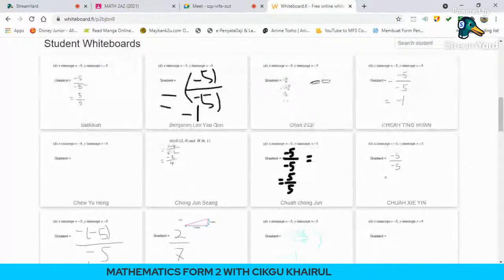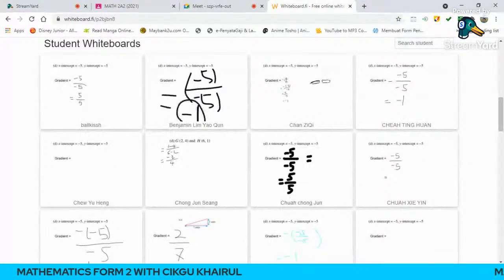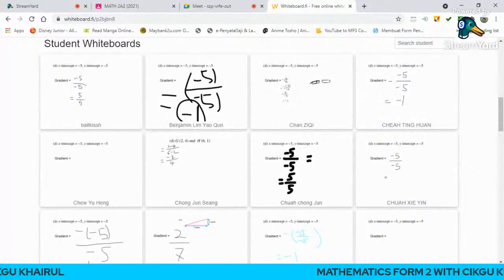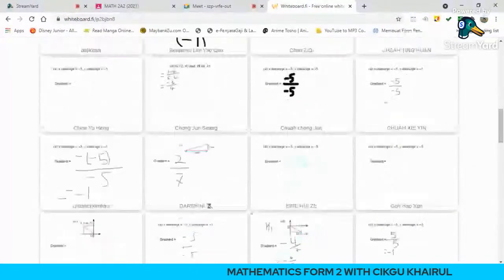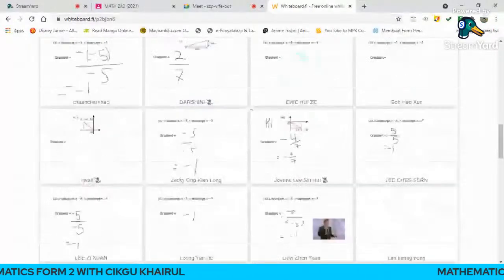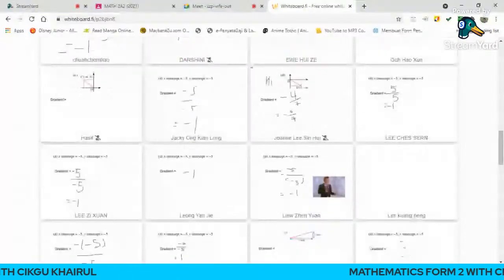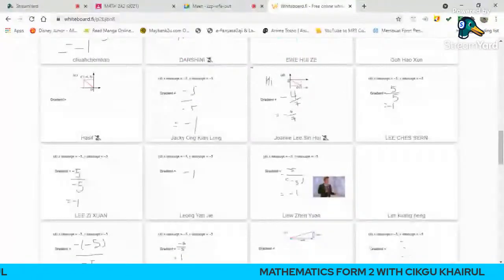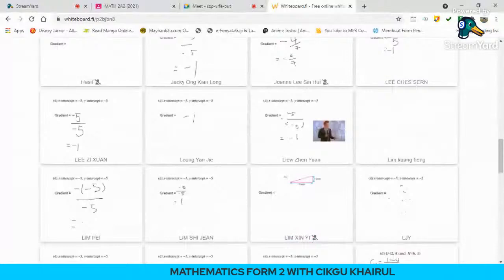Benjamin wrote negative 1. Thank you, Ben. Very good. Chua Chen Hao wrote negative 1. Yu Huizer also negative 1. Lee Jason negative 1. Joanne, not yet. Jackie negative 1 also. Lee Zishuan also negative 1.